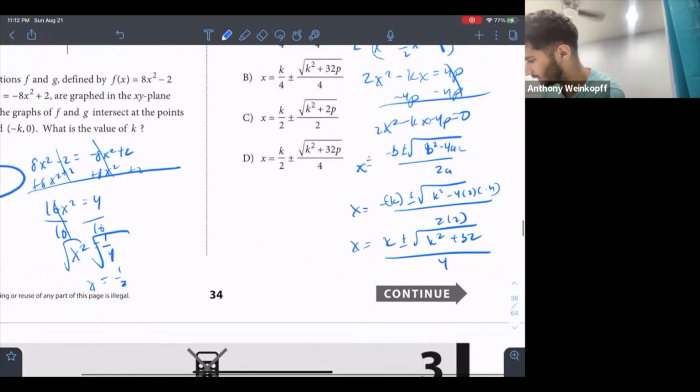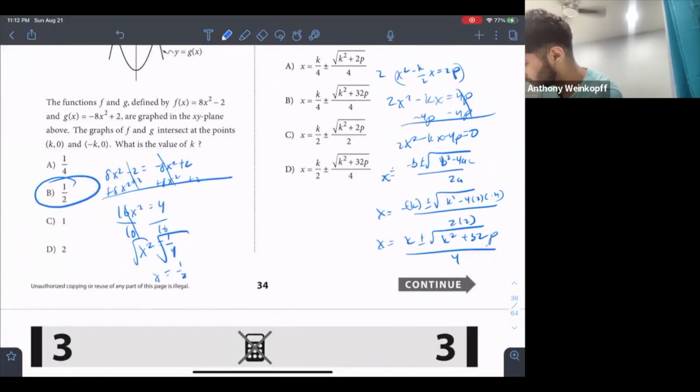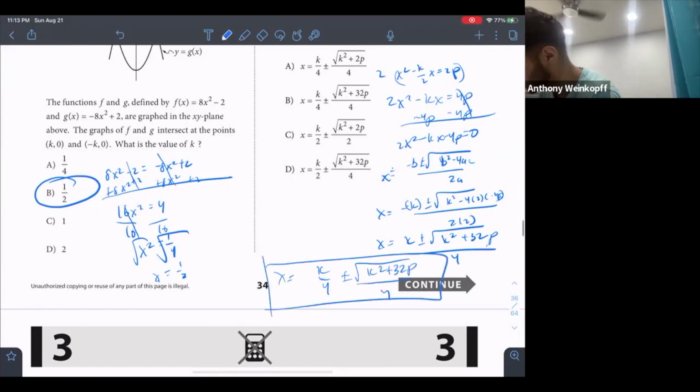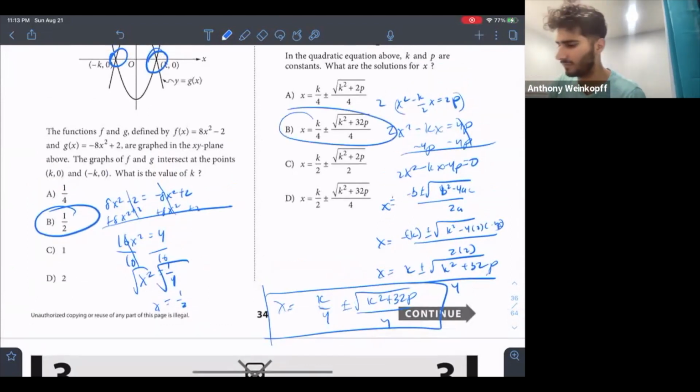This can be rewritten as k over 4 plus or minus the square root of k squared plus 32p over 4, which is choice B for 15. And that's how you would solve 15.